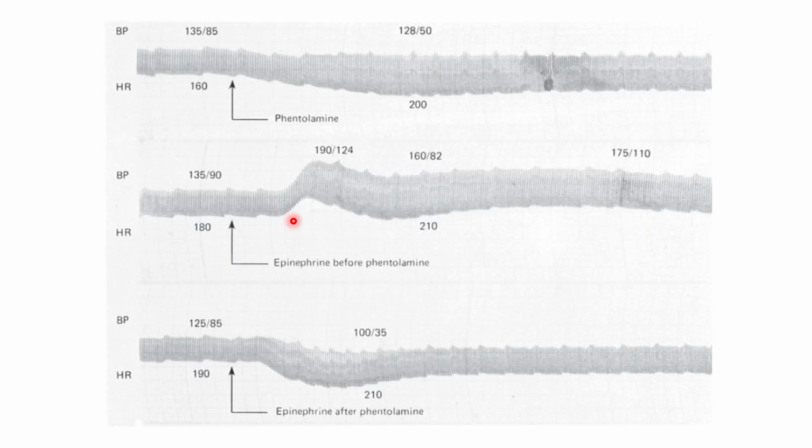Oral doses of 10 mg per day can be increased at intervals of several days until hypertension is controlled. Some physicians give phenoxybenzamine to patients with pheochromocytoma for 1 to 3 weeks before surgery.